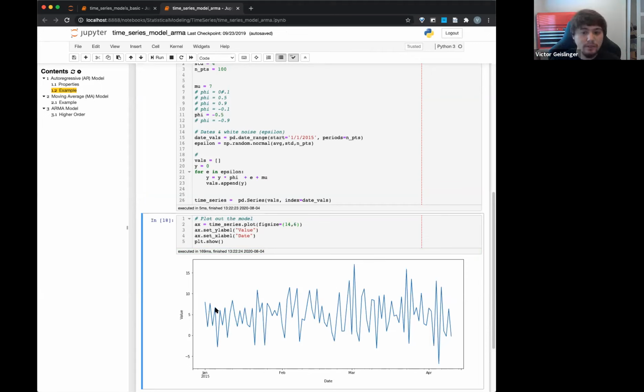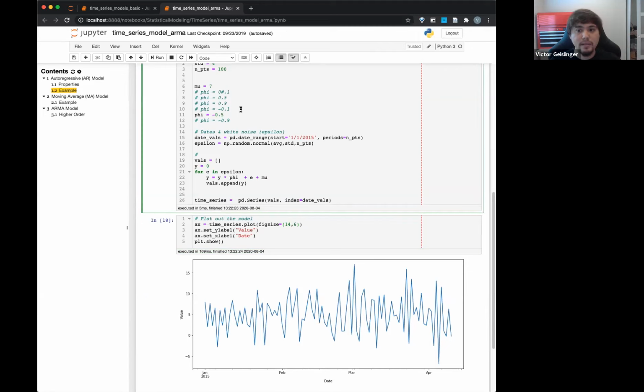So it's like negative 2.5 plus whatever the mu is, plus whatever epsilon was. You can see in this case it's about negative 2.5, so epsilon was probably around negative 7, sorry, not mu, epsilon. So they canceled each other out.